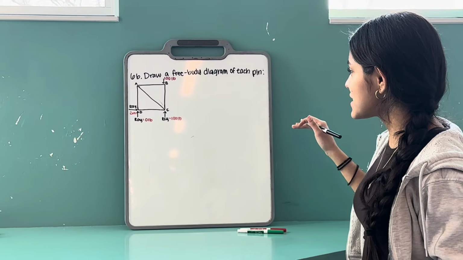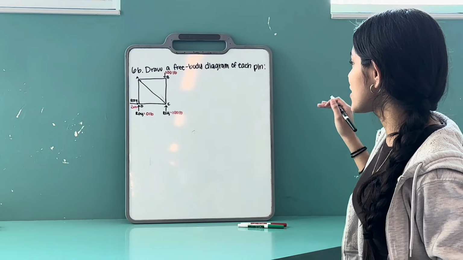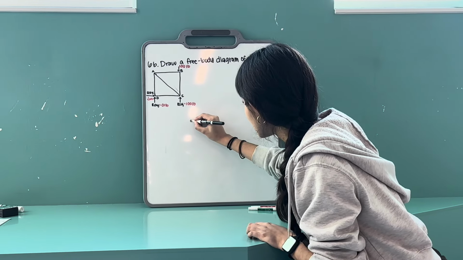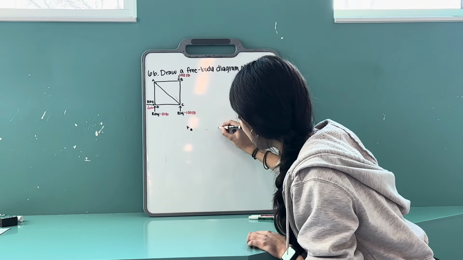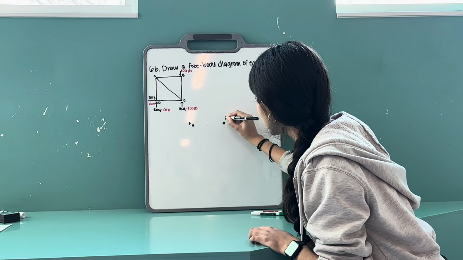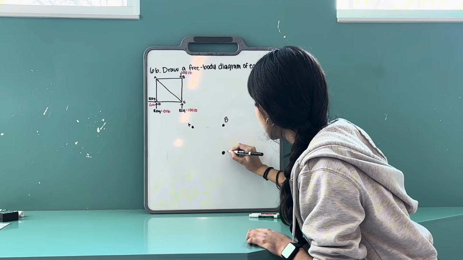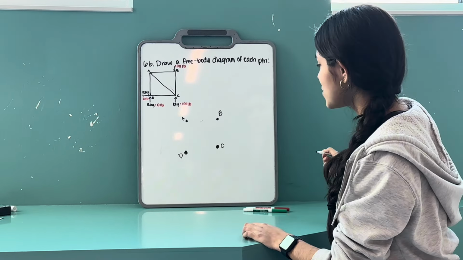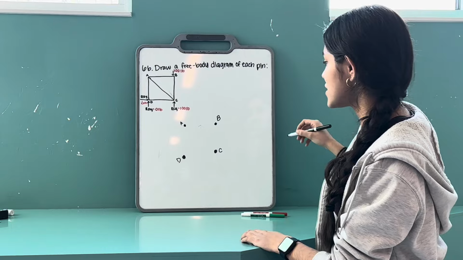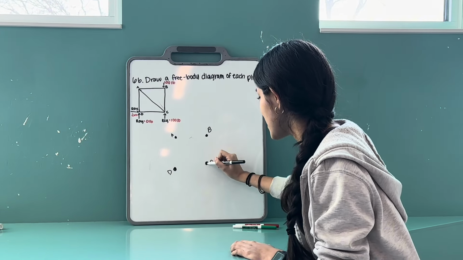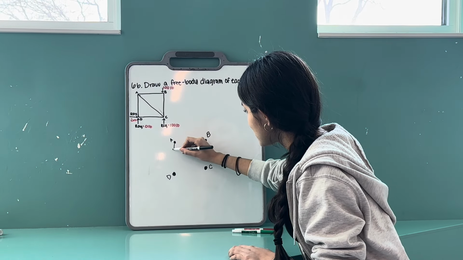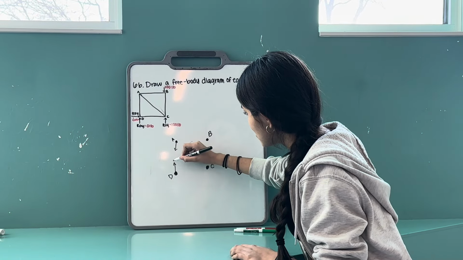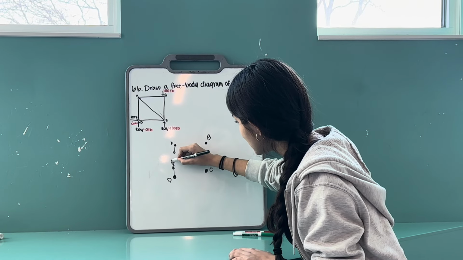Okay, so step 6B is draw a free body diagram of each pin. So you're going to draw your square again with A, B, C, and D. And it's usually better if you draw all your arrows in tension, which makes it easier to do the math. So you draw an arrow here like this, and like this, which becomes AD.